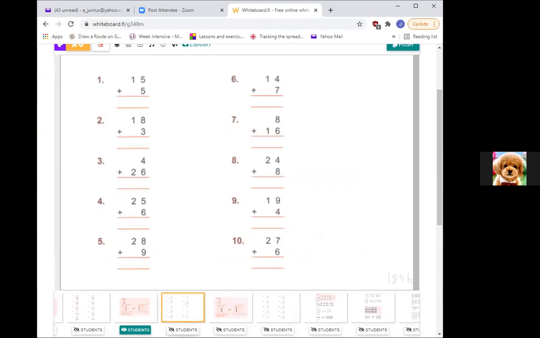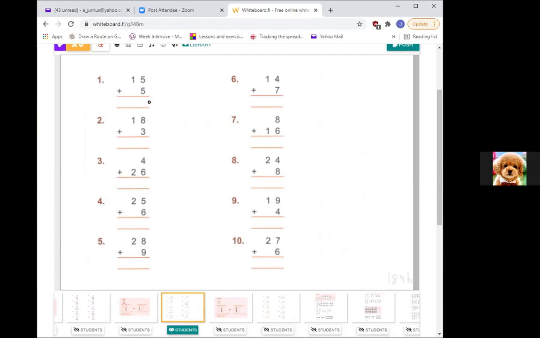Okay, we are now on page 189. All right, 15 plus 5, which is the first one. Mason, can you do that one for me? So number 1, it's 15 plus 5. How do you do this one in this form?